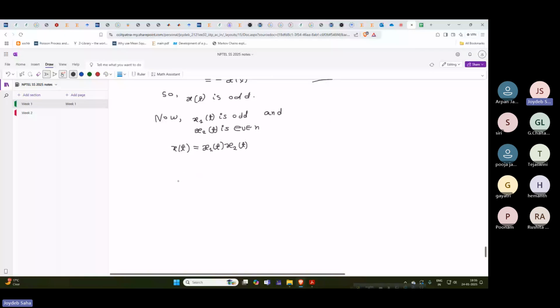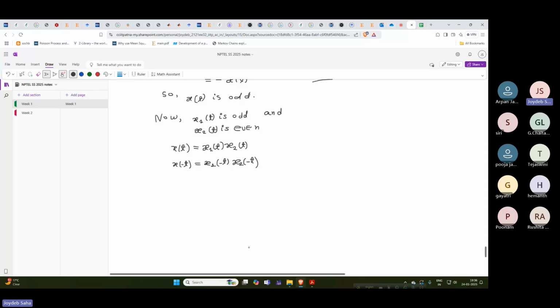So x(-t) will be x1(-t) multiplied with x2(-t).